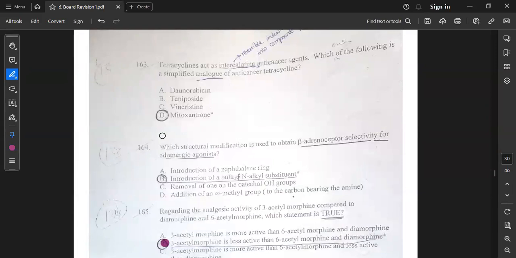So anyway, what is the structural modification used to obtain beta adrenergic selectivity for the agonists? At least someone mentioned adrenergic agonists examples.